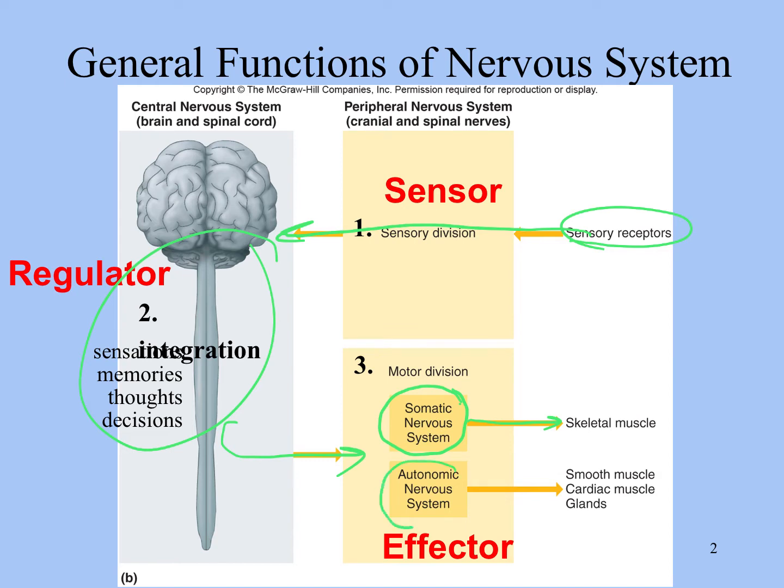And then there's the autonomic nervous system, which is what this particular lecture portion is about. And the autonomic nervous system goes to smooth muscle, cardiac muscle, and glands. And again, this is under involuntary control.